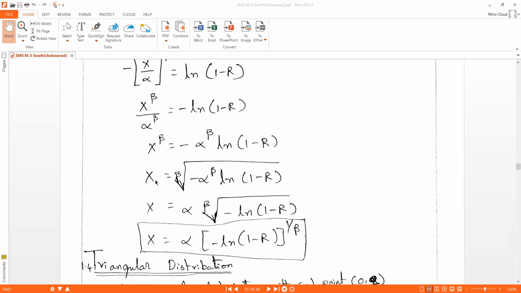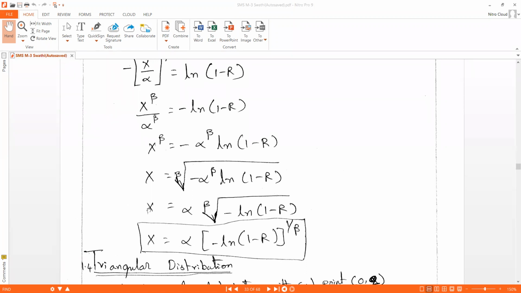Now x is equal to the beta-th root of minus alpha power beta into ln of 1 minus r.